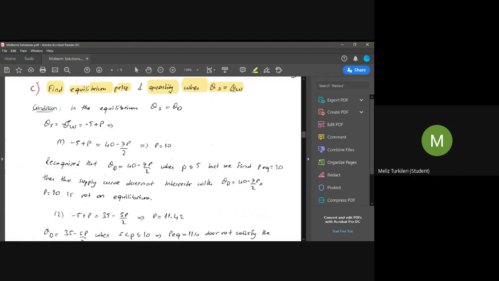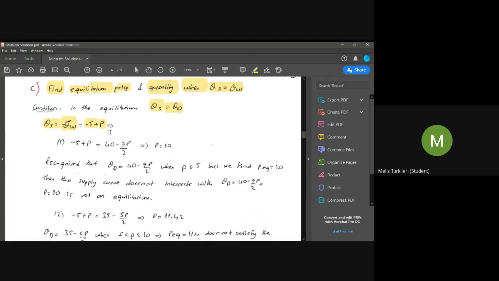What we know is that in the equilibrium, quantity of supply should be equal to quantity of demand. And we know that our quantity of supply function is equal to the quantity of supply function of the white factory, and I know that this is minus 5 plus p. This is the information that I derived from the question itself.